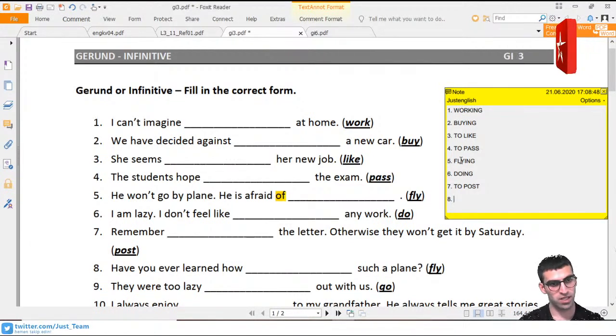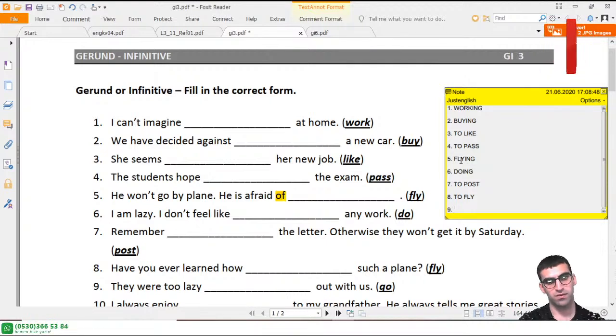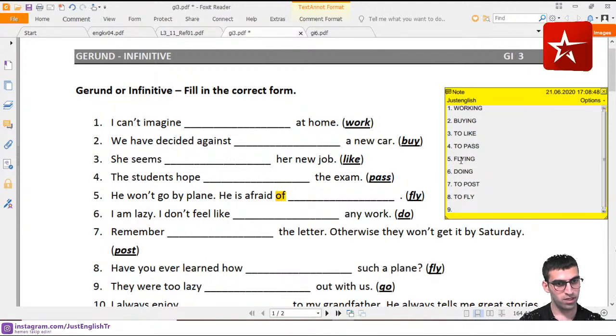That's why we have to use infinitive. So, have you ever learned how to fly such a plane? Yes, to fly is a correct answer for number 8. Azime, Gülsafa, and Mehmet Doğan wrote the correct answers for number 8.